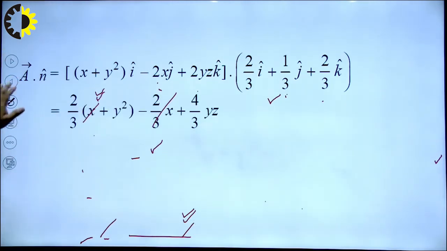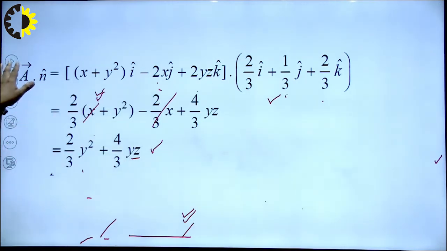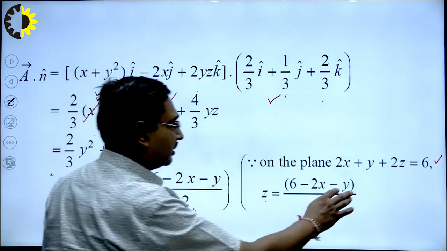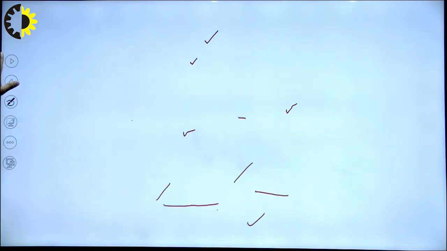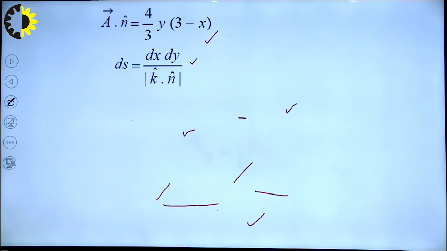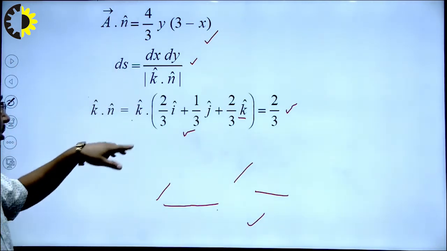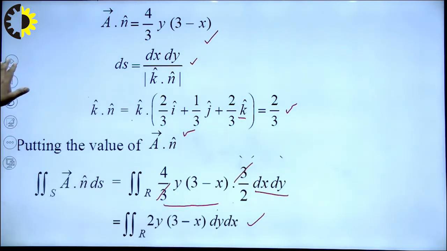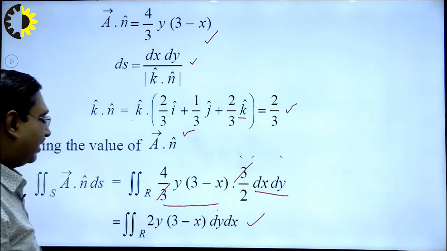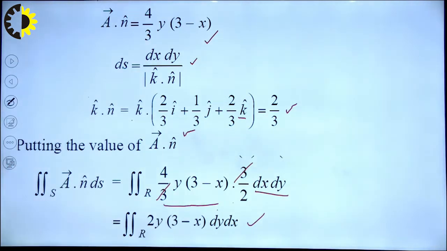This A dot n was involving z, so I removed this z using the equation of the surface, because we are going to take projection on the xy plane, so removal of z is necessary. Simplifying, I obtain the value of A dot n. dS is dx dy upon mod k dot n, and this k dot n was calculated, and simplifying, I obtained the value of the integrand as 2y (3 minus x) dy dx.